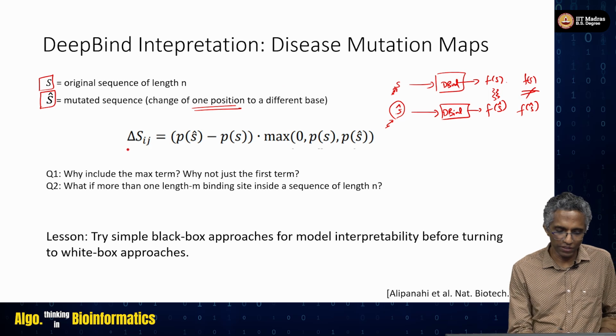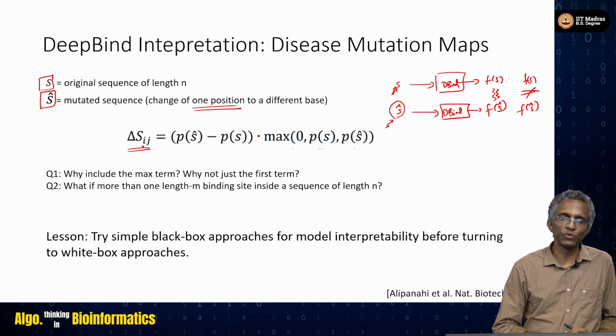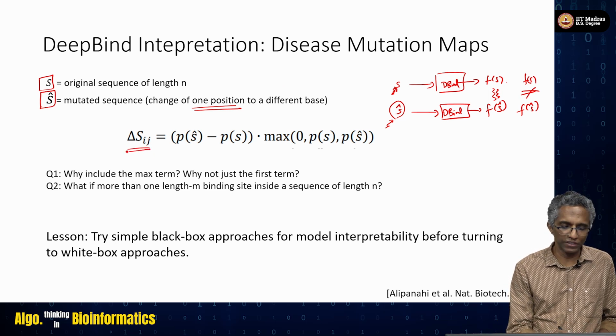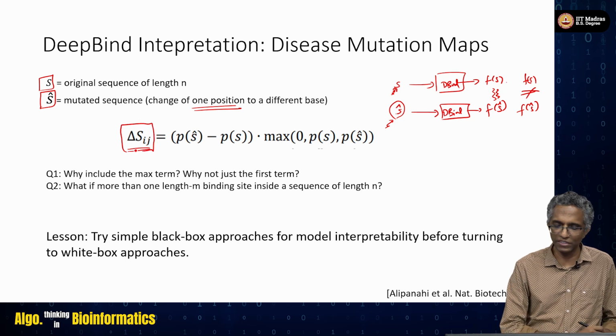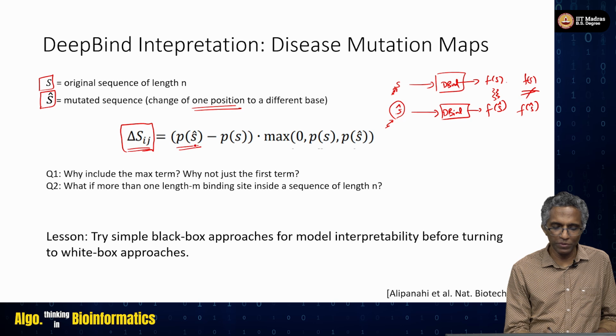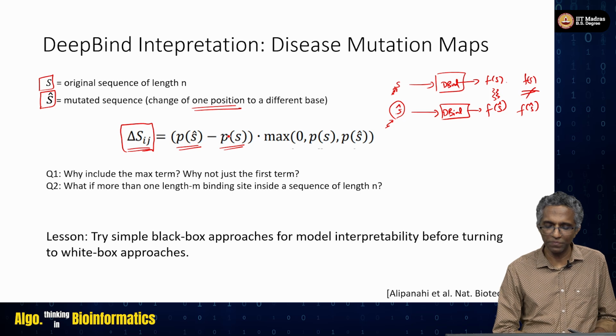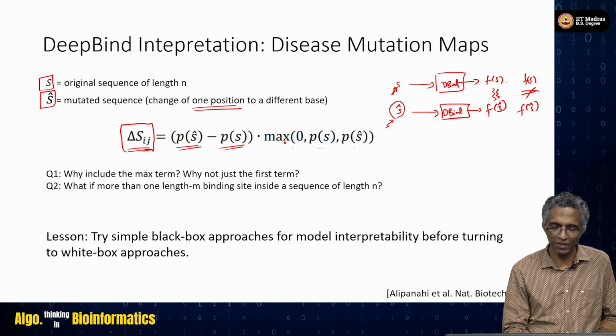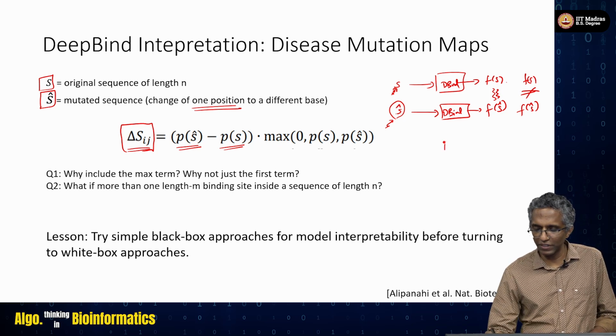Then the importance score of this mutation, the effect of this mutation, is calculated using this concept of delta Sij, where you are looking at the probability of the sequence S hat to bind the protein minus the probability of the sequence S to bind this protein, in terms of a classification problem. And this probability of S or probability of S hat, we have seen before, is the sigmoid function of f of s.